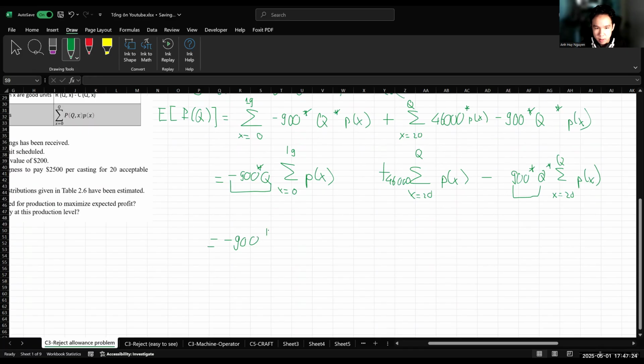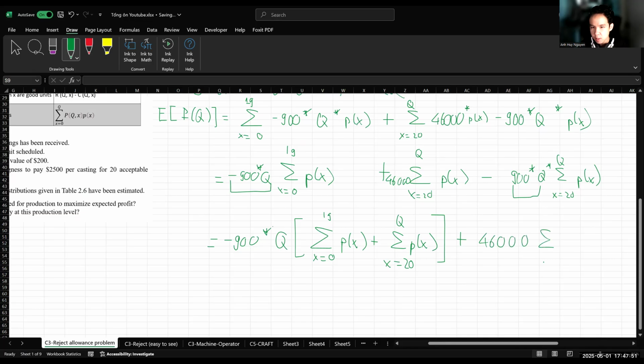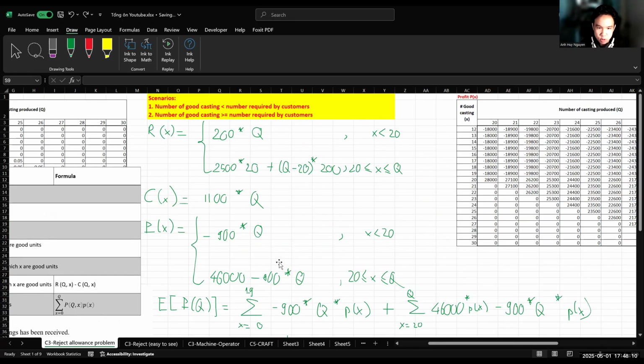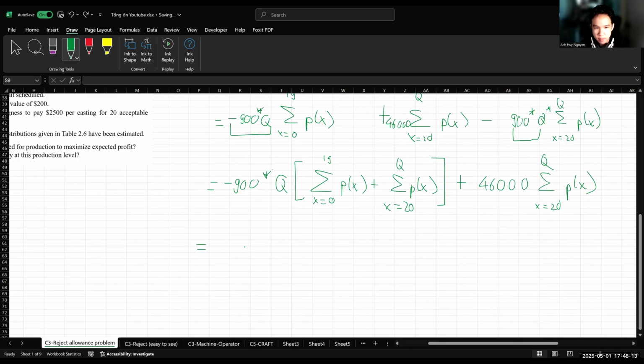Okay, so now there is the same thing here, so we can group them together. 900Q times the sum of x from 0 to 19 of p(x), plus 46,000 times the sum of x from 20 to Q of p(x). Okay, so now here's the fun part, because x runs from 0 to Q, the summation of all of these probabilities will equal 1.